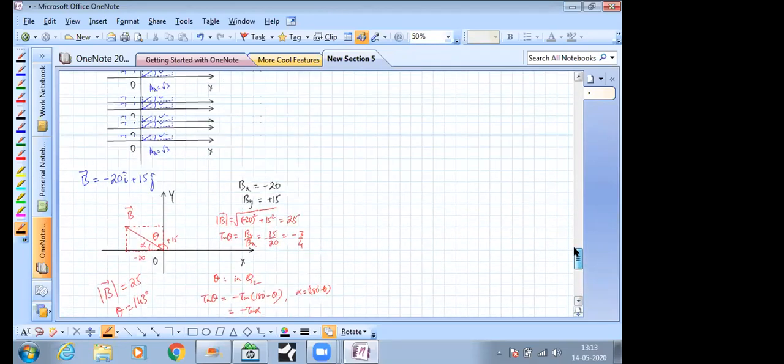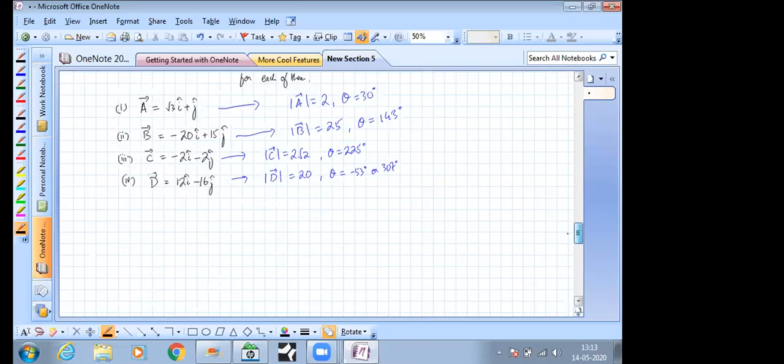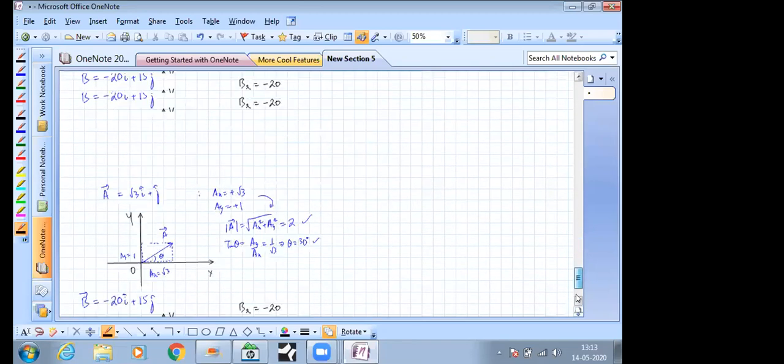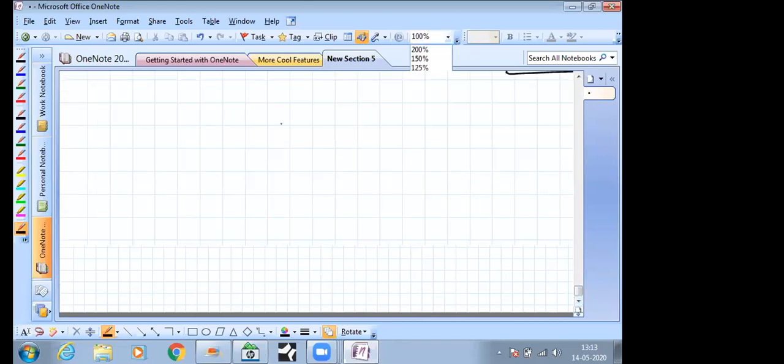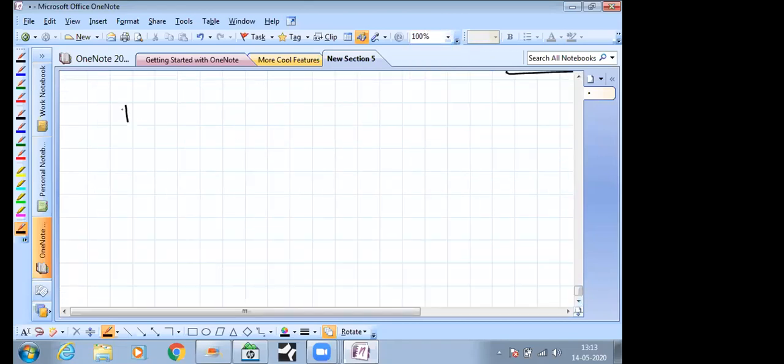So vector D is, I think, the one which is in the fourth quadrant: 12 i cap minus 16 j cap. So you can see here that the x component is positive and the y component is negative.